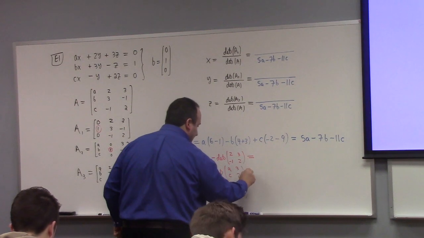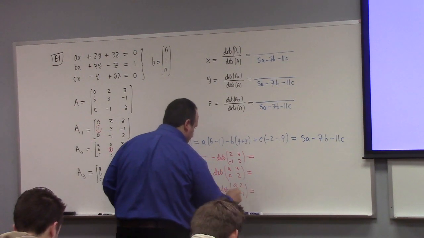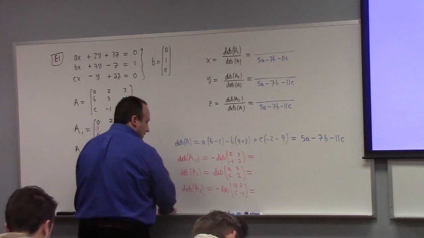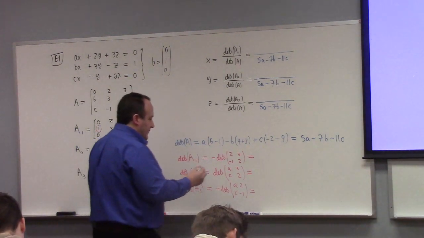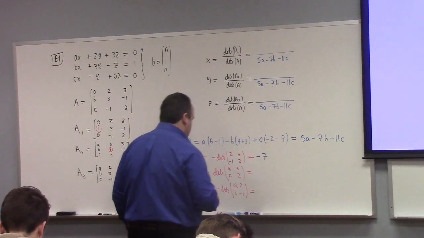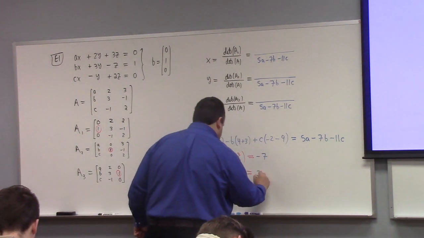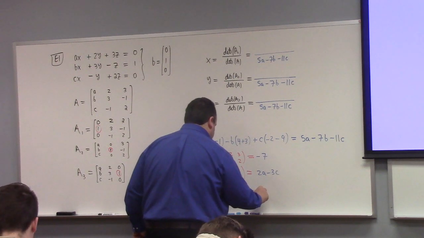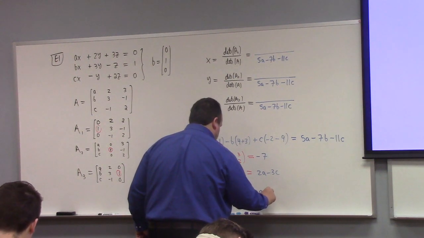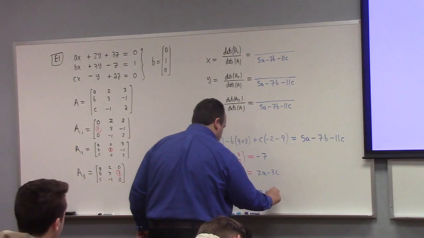What we got here? We've got ourselves a 4 plus 3, which gives minus 7 for the first one, 2A minus 3C, A plus 2C, I believe.